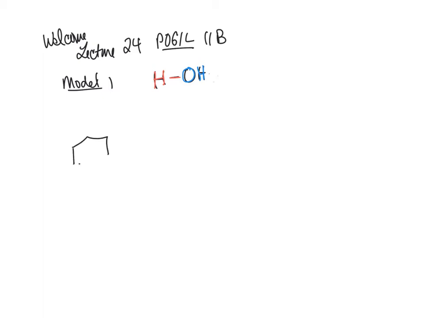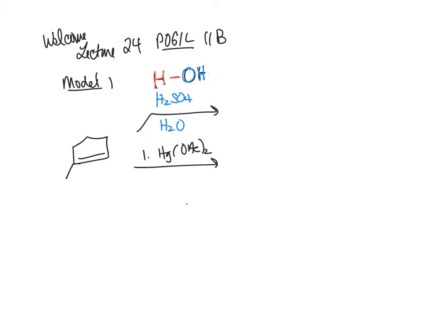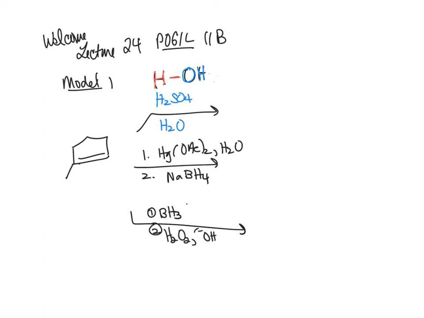In model 1 we have this, and you see one of these we do sulfuric acid and water. One of these we do mercury acetate, water, and then the second is sodium borohydride. And the third one we do BH3, hydrogen peroxide, and OH minus.